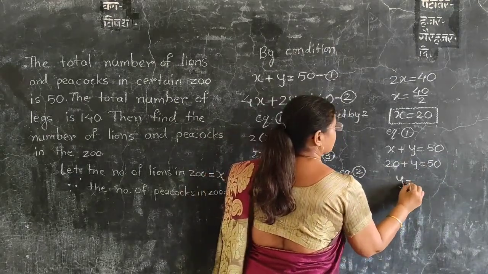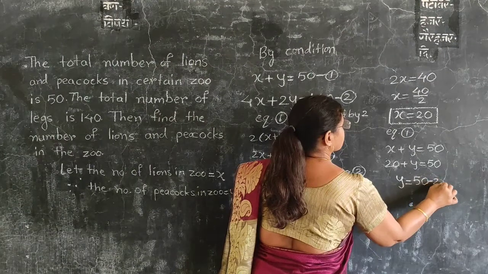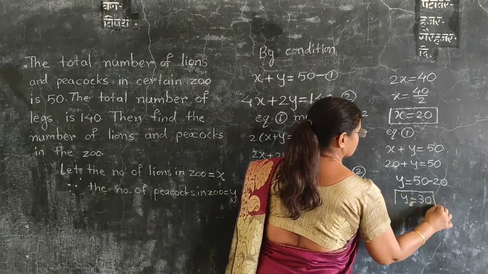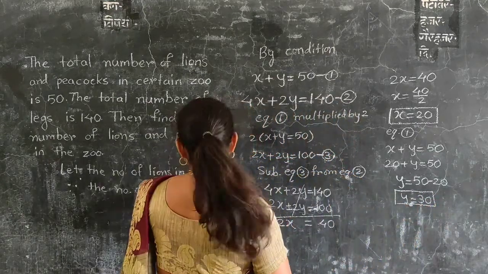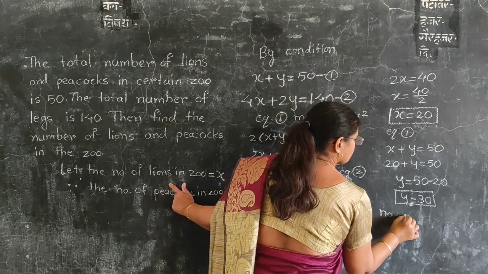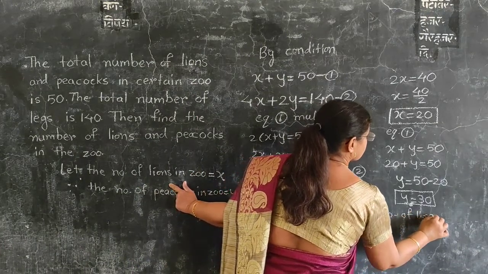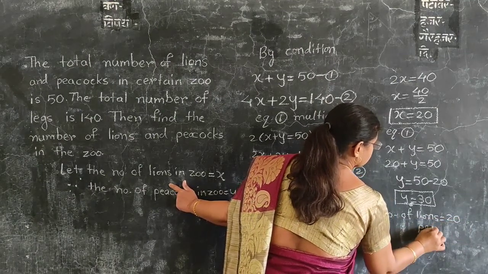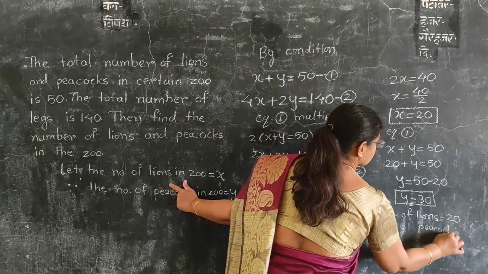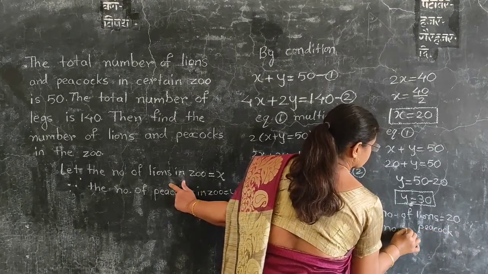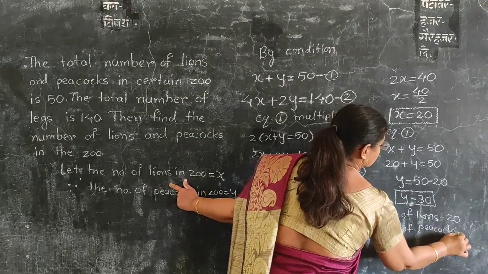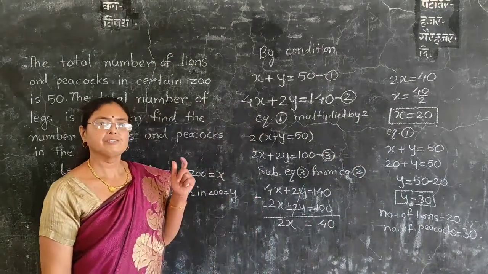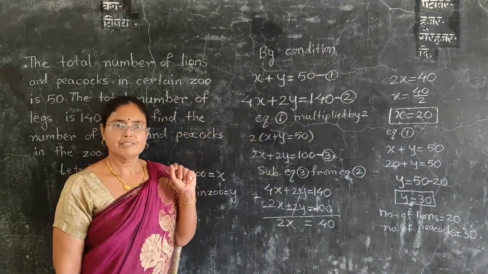We will get y equals 50 minus 20, that is 30, and it is the number of peacocks. So the number of lions is 20, and that of peacocks is 30. The main thing in this example is to form two simultaneous equations.